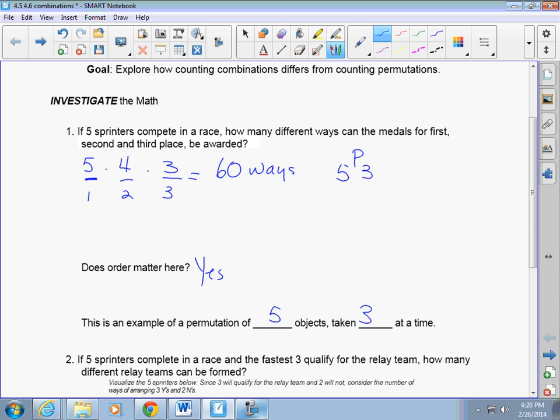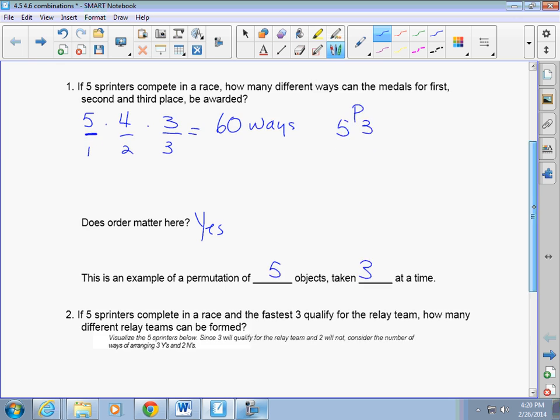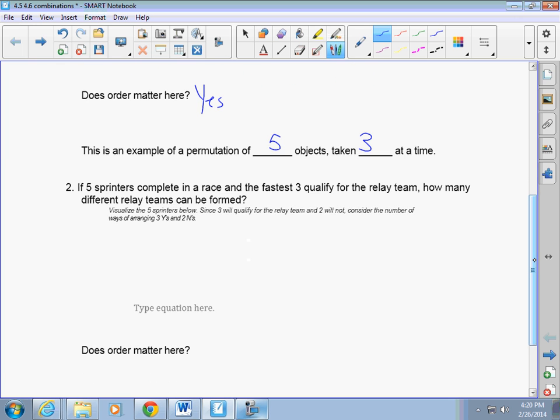In example 2, it says if 5 sprinters compete in a race and the fastest 3 qualify for the relay team, how many different relay teams can be formed? Visualize the 5 sprinters. Since 3 will qualify for the relay team and 2 will not, consider the number of ways of arranging your 3 Ys and your 2 Ns.